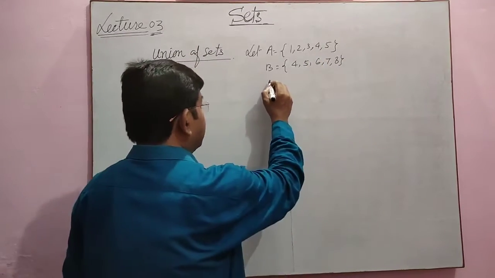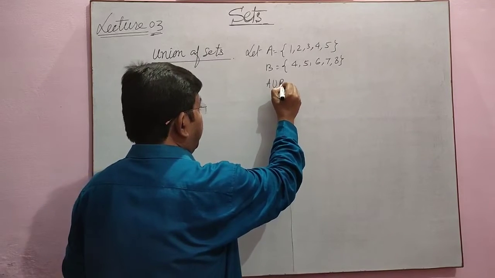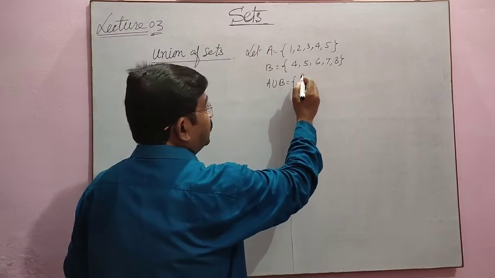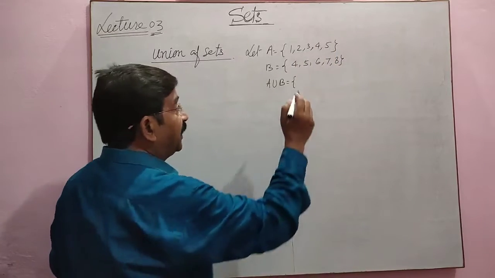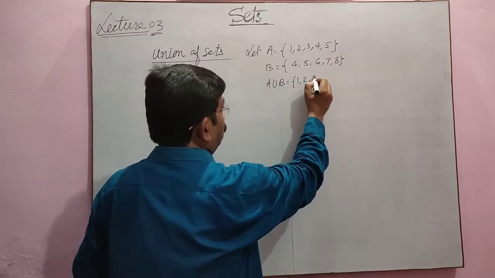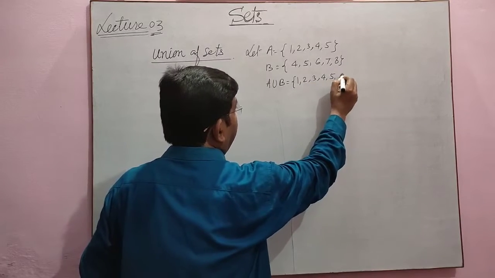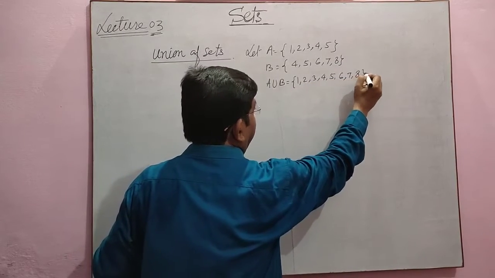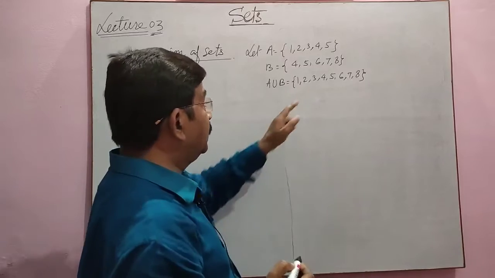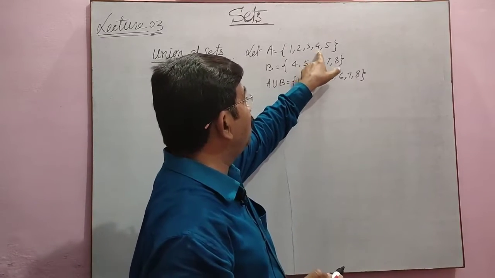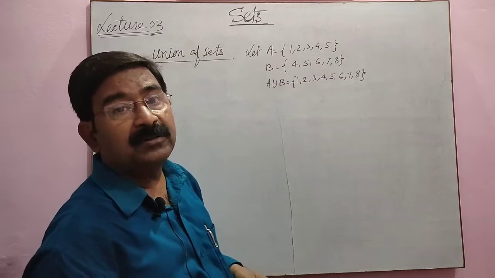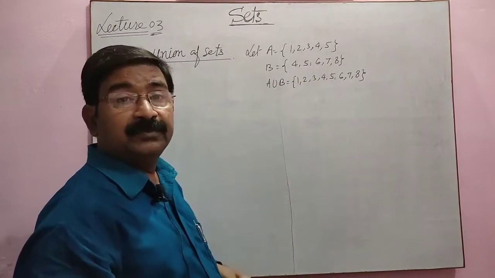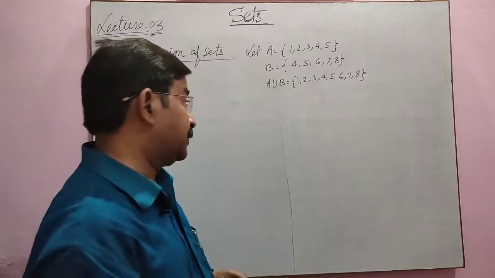So in this case, A union B: 4 and 5 are here and here both, so once we will write them: 1, 2, 3, 4, 5, 6, 7, 8. This is A union B. This 4 and 5 were found in set A and set B both, so we take them once. This is called union of sets.